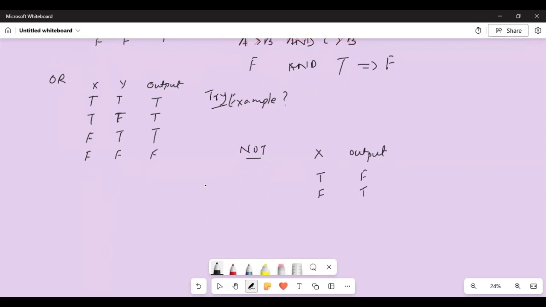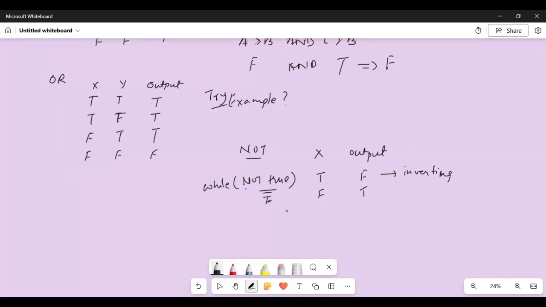Say for example, while not true. This is how we write it. That means this is going to return false. This condition will be false. All right. So this is how it is used, and if you notice, it is inverting. If it is true, I get the output as false. If it is false, the output is true.